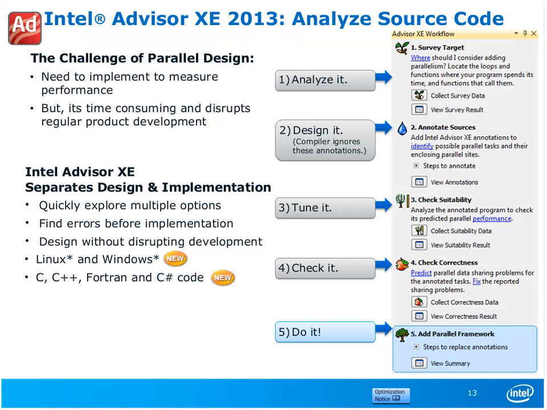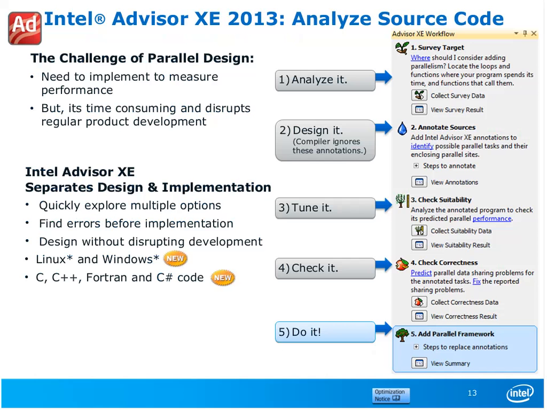And what it does is allows you to analyze your code, helps you design any changes, helps you tune it, helps you check it. It basically allows you to model, one, identify where in your code you should consider adding parallelism, and also allows you to model the expected performance increase that you would get out of it, right?